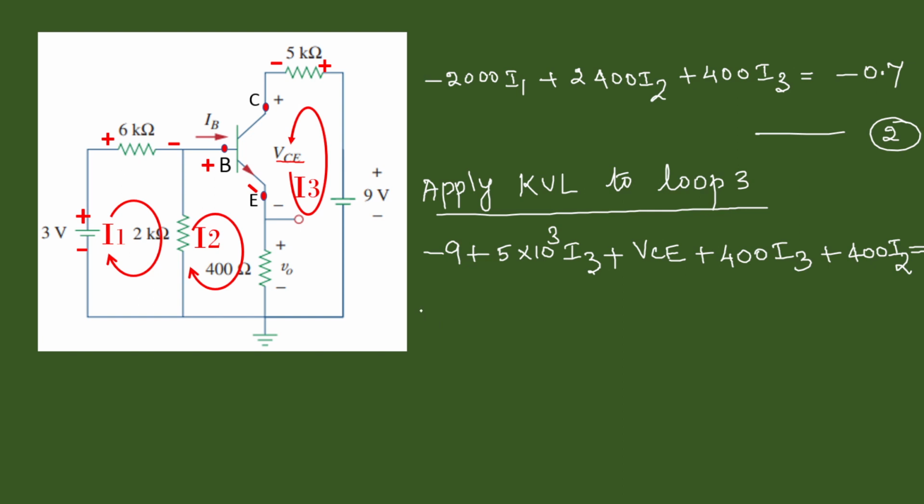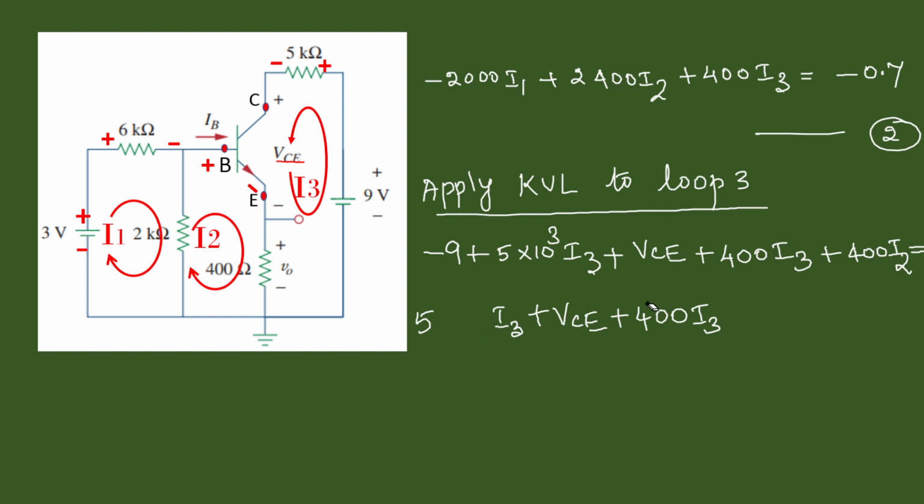So we'll try to simplify this. It is 5000 I3 plus VCE, which is not known, plus this 400 I3. When I add both the 5000 and 400, I'll get 5400.